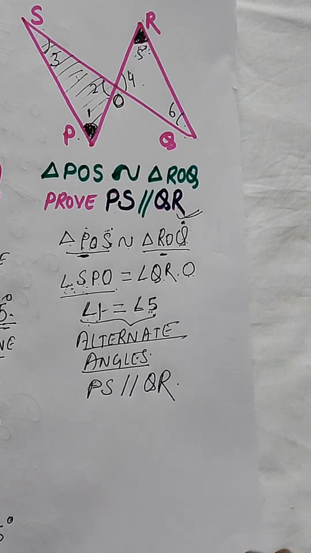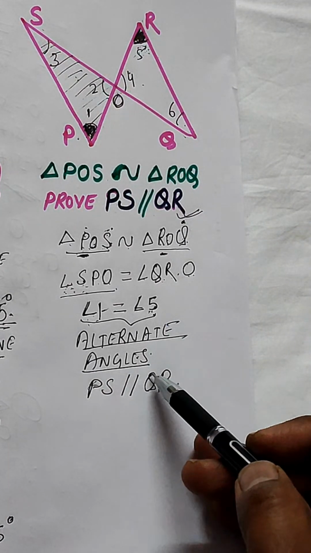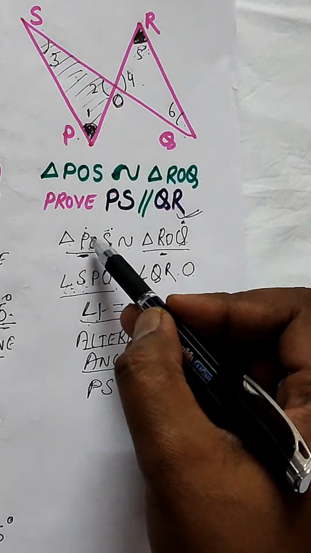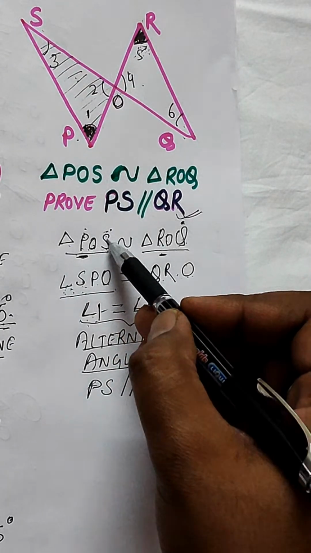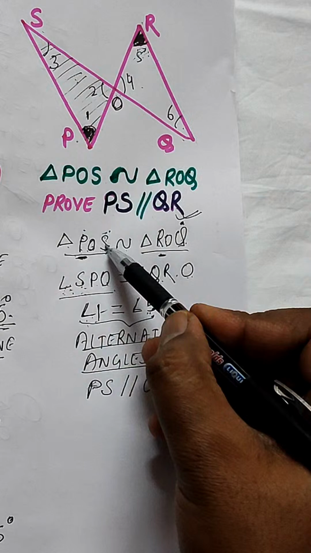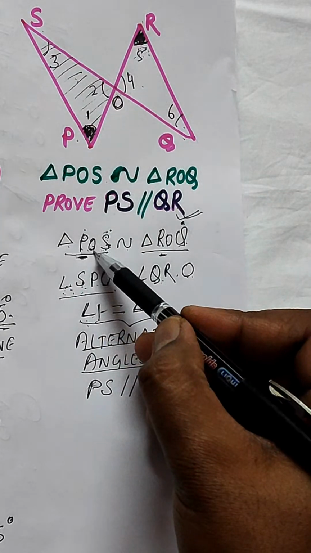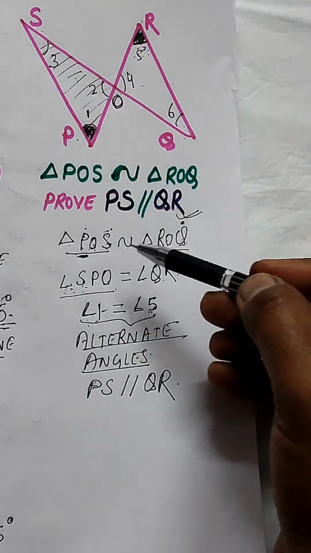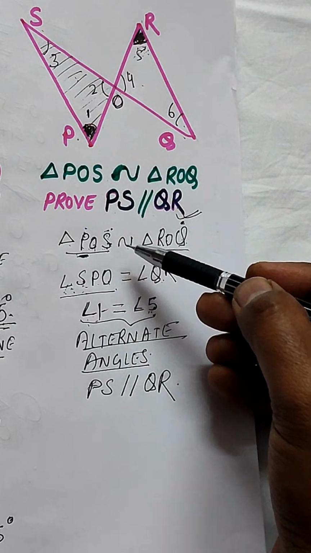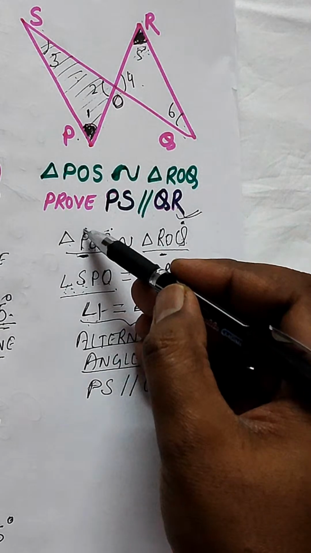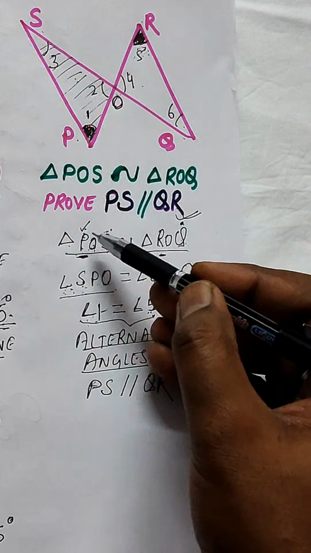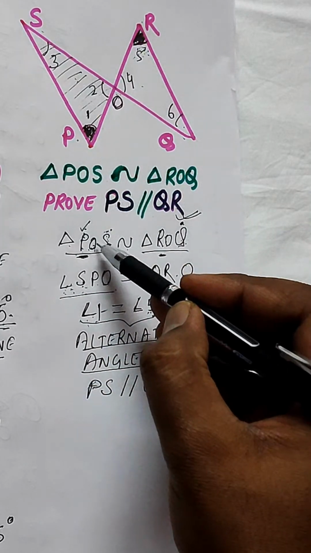Now, similarly, if you follow another sequence, we have taken SPO, the last letter, the first letter, then the middle letter. Now, take another sequence: first take this one, P, the first letter, then the last letter, then the middle letter.